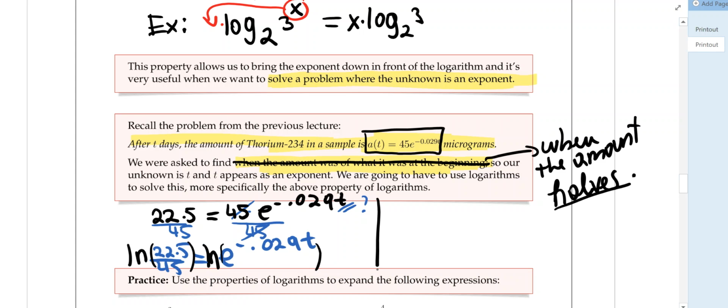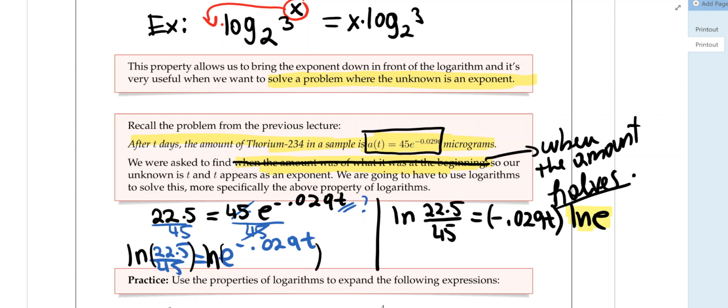So then I have that ln of 22.5 over 45 equals, now I can bring the exponent down. So it's going to be negative 0.029 t times ln of e. But ln of e is just 1. So therefore, I'm going to divide both sides by negative 0.029. So this is going to go away with that, and all I have on this side is t.